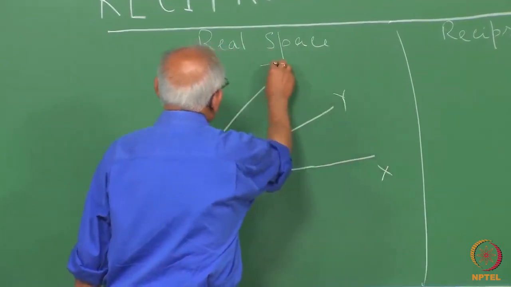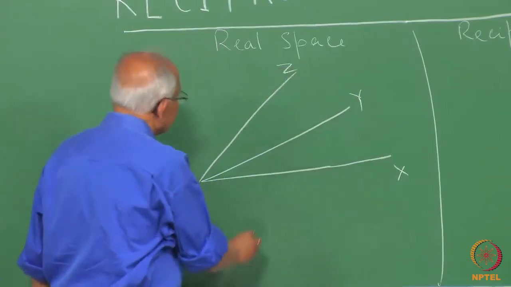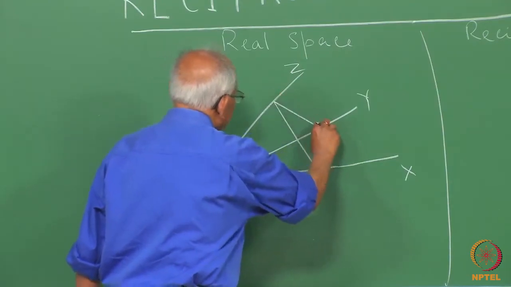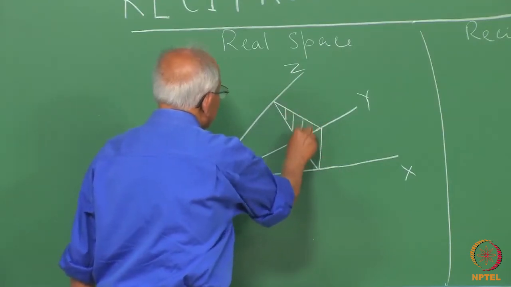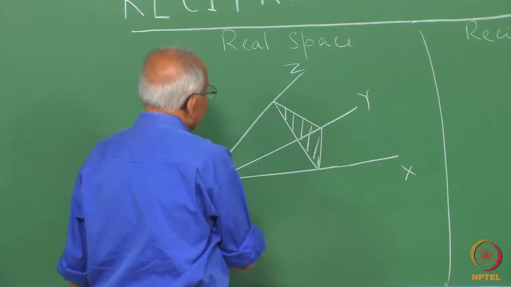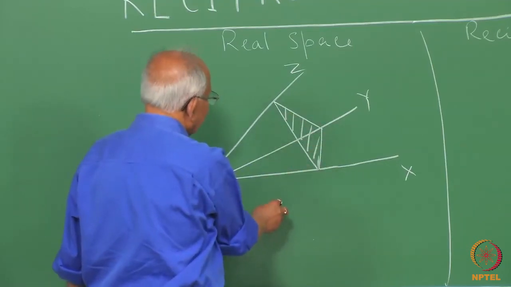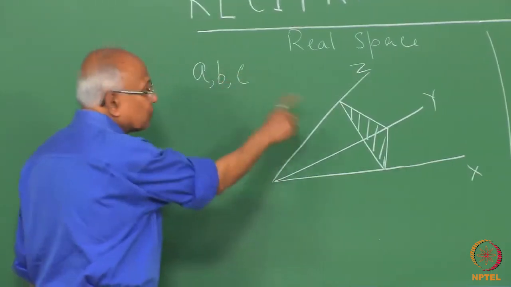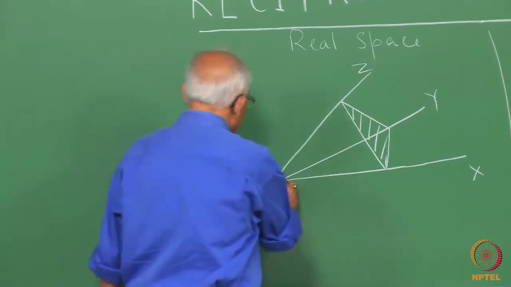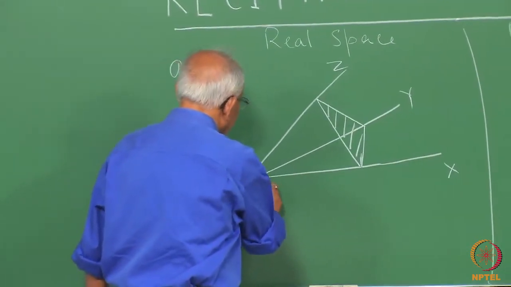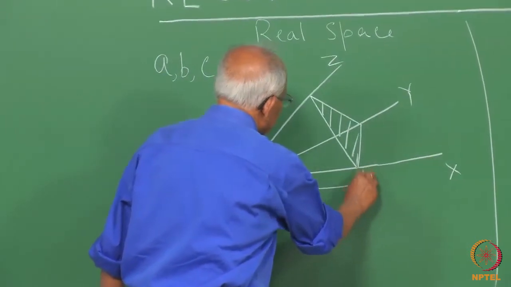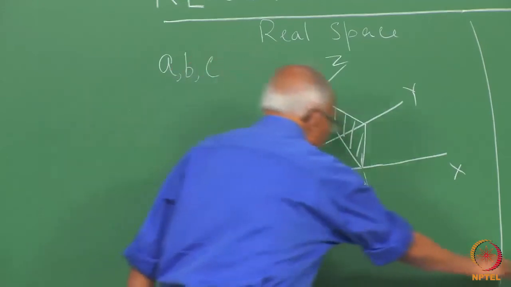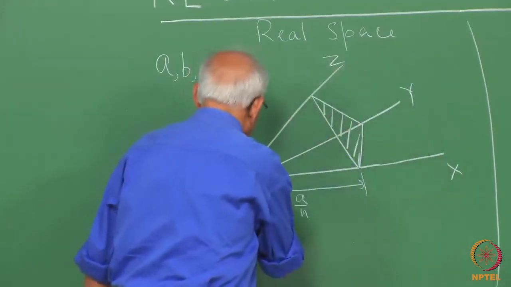These are the x, y and z axis, and suppose we have got an HKL plane over there. If A, B and C are the lattice parameters, then obviously from the origin this distance will be equal to a by h.